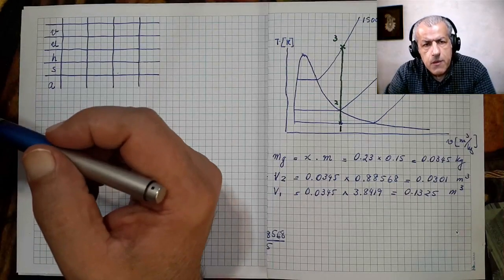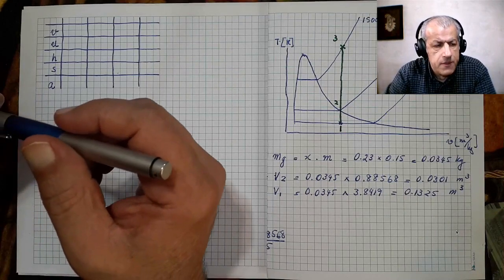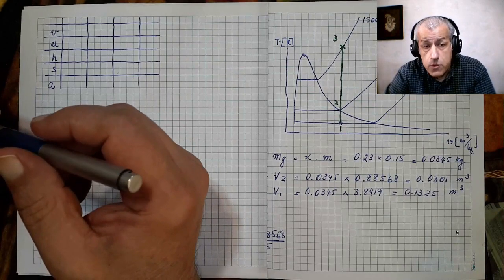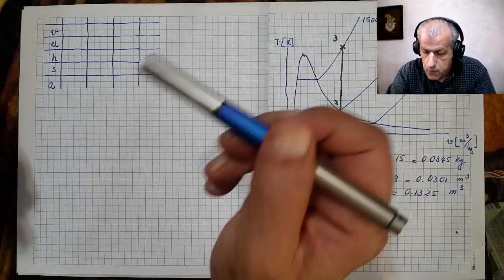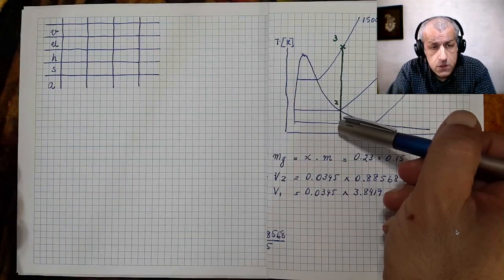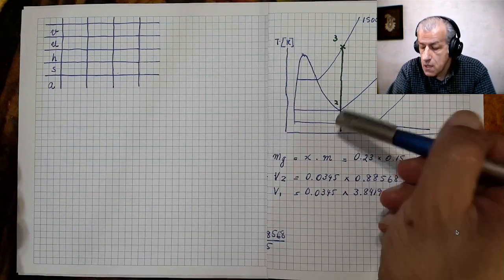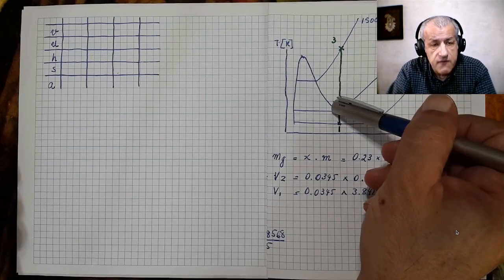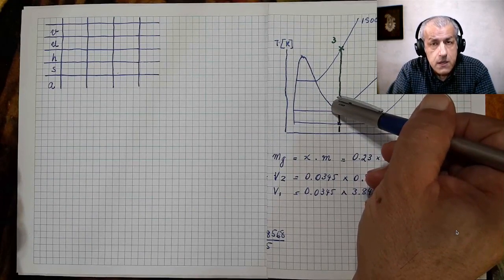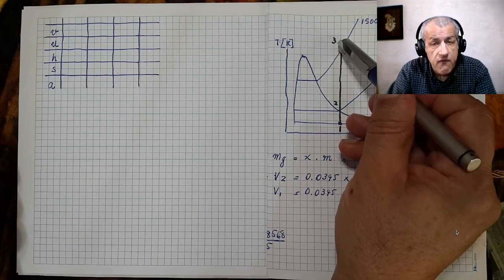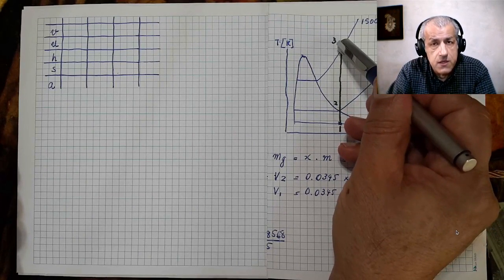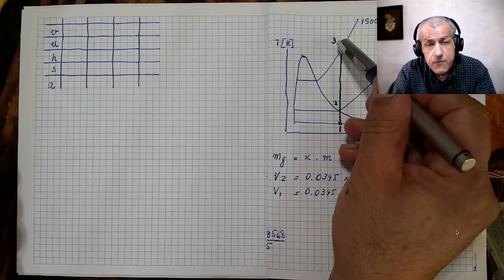In this problem, we need the properties for 4 points. Point 1, which is our initial condition. Point 2 is where all the water in the cylinder has vaporized. And point 3, where the pressure is 1500 kilopascals and the piston wants to lift.